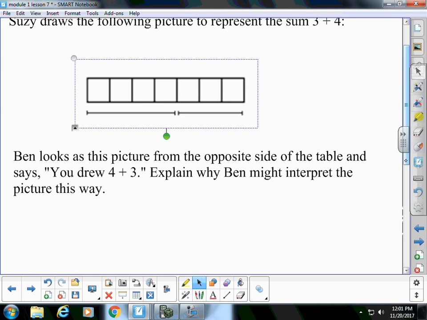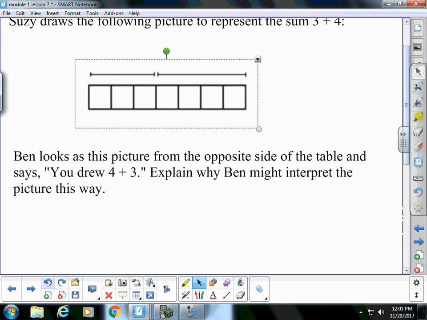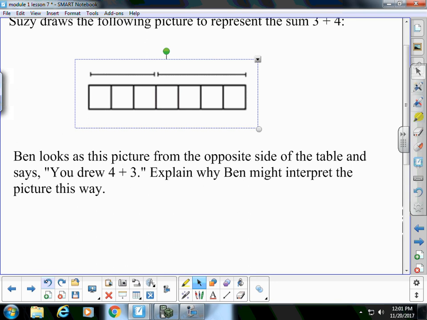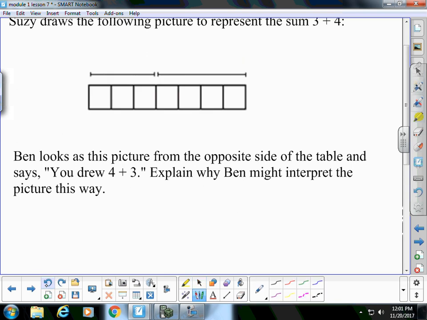Okay, flip your book if you're not sure what I'm saying. Turn your book all the way around. Okay, so like that versus like this. That's what would happen if it was on the opposite side of the table. Okay? So in terms of explaining why Ben might interpret the picture the opposite way, Ben is on the opposite side of the table.